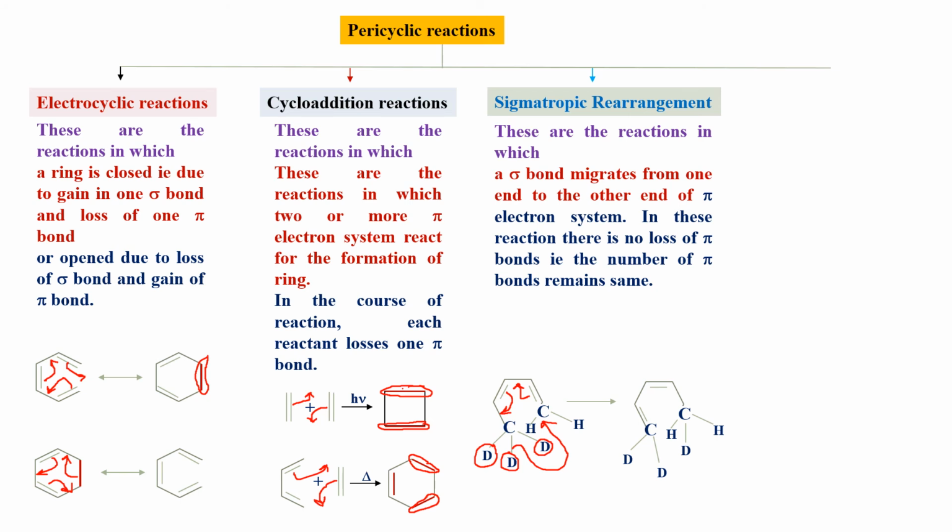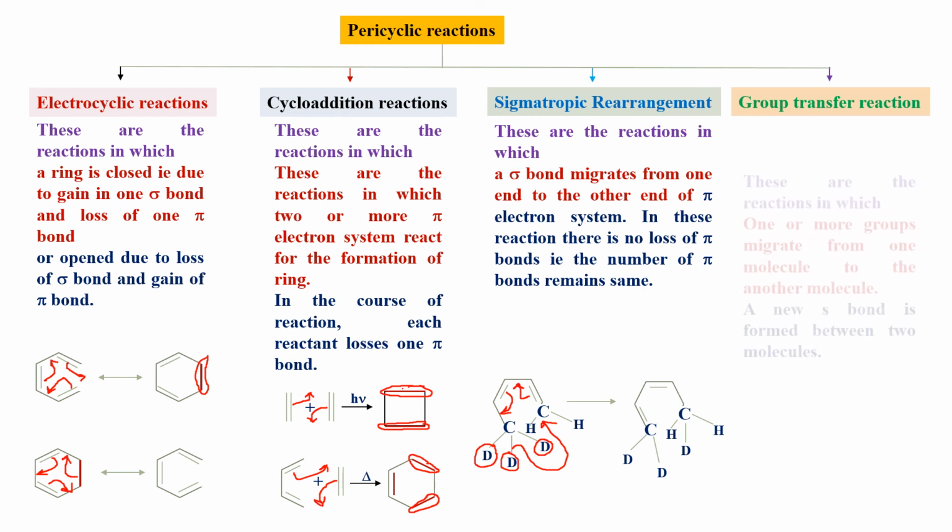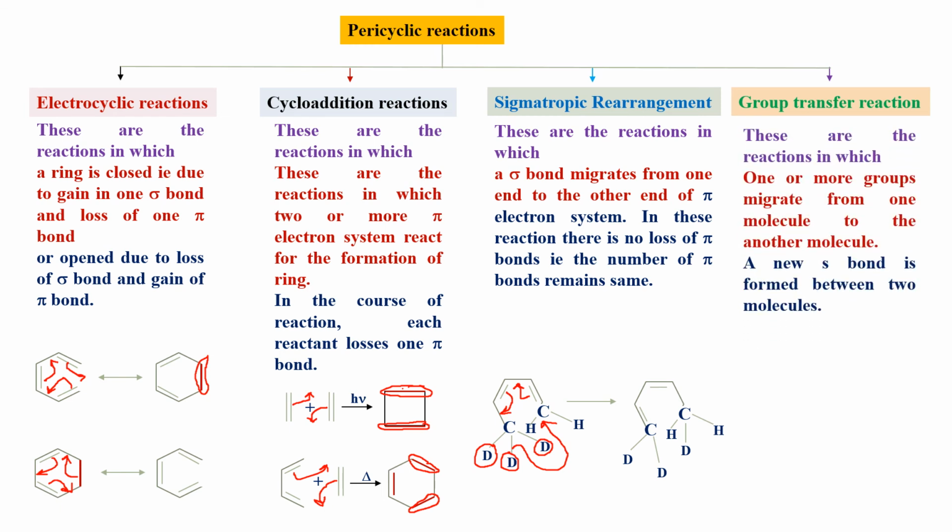Now we come to the last type of reaction, known as group transfer reaction. What is a group transfer reaction? If we see a compound, a molecule, and in that molecule one complete group migrates from one molecule to another molecule, and due to this shifting a new sigma bond is formed between the 2 molecules.